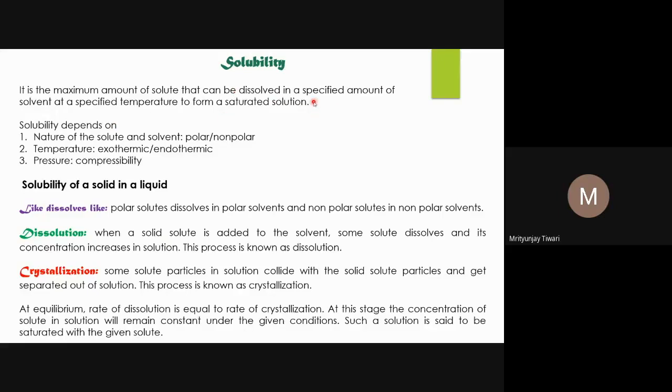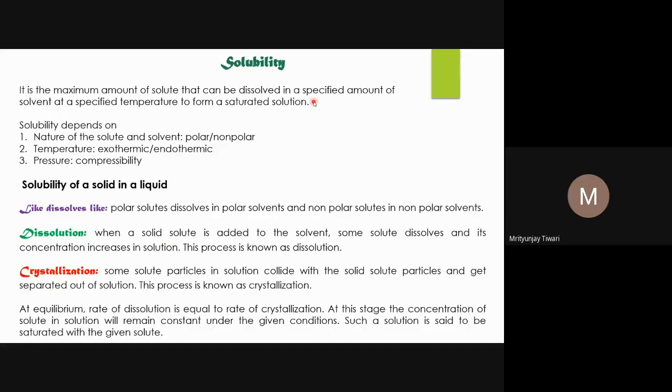Suppose you take a fixed amount of solvent, maybe in a vessel or a volumetric flask, say 100 ml of the solvent, and now we start adding salt crystals pinch by pinch. They're not molecules; you cannot add molecules because you cannot separate one molecule, they are very tiny. So you add some salt crystals and you start shaking. While shaking, you are facilitating the separation of solute particles.